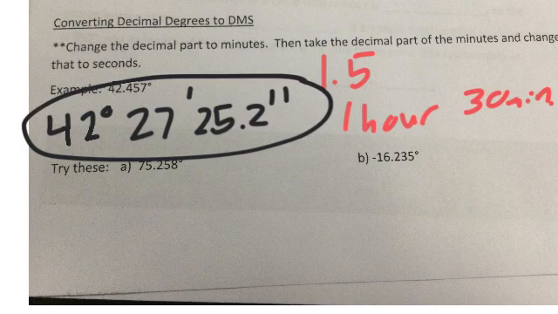So the 27 is the whole number part. So that means I have 27 whole minutes. Then I take the 0.42 and I multiply that part by 60 because that'll give me the seconds part. So I take 0.42 times 60 and that gives me 25.2 seconds. Any questions there on converting from one to the other?